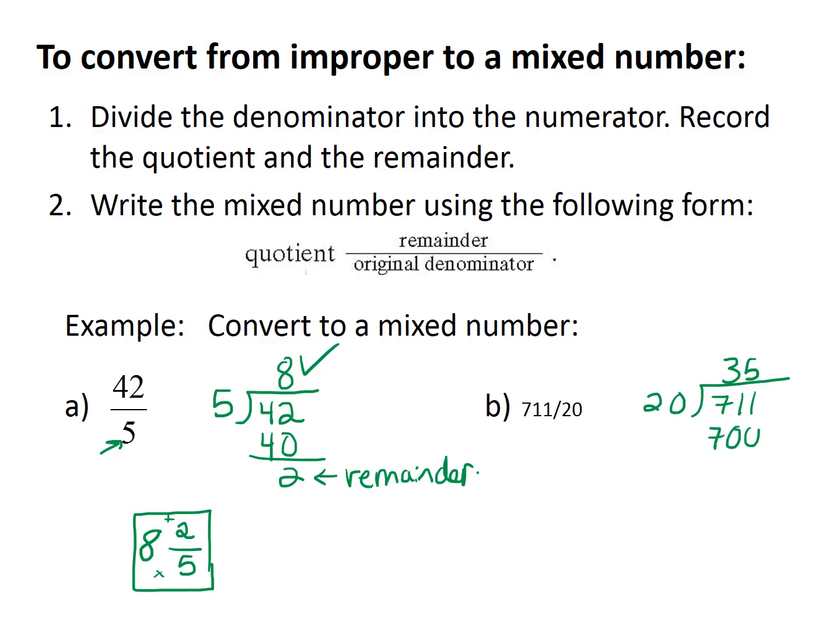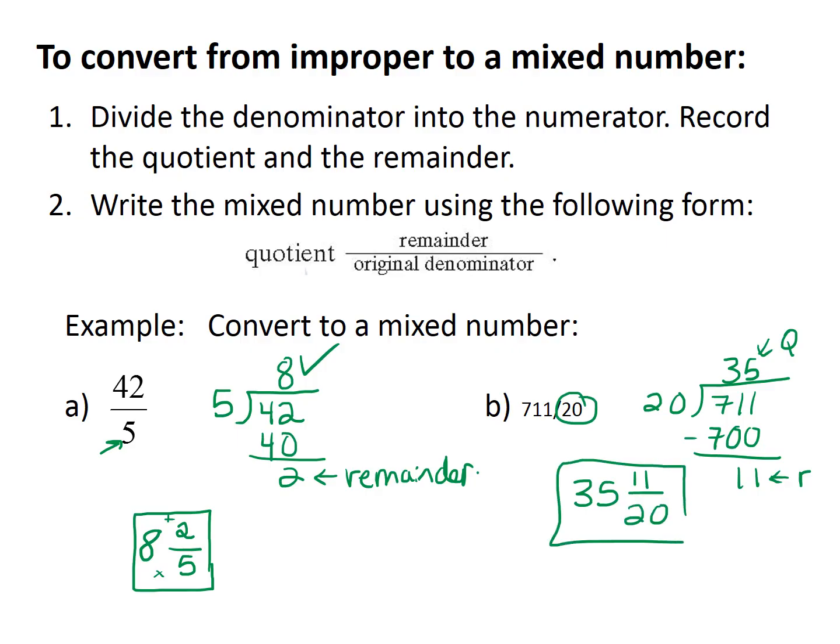So what's left over is 11, right? That's your remainder. This is, of course, your quotient. So 20 went into 711 35 times with 11 left over, 11 over the original denominator. And then, of course, you check it by doing 35 times 20 plus 11 and make sure that you get 711 over 20.